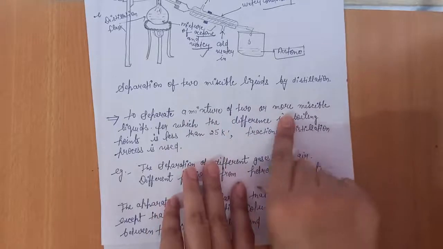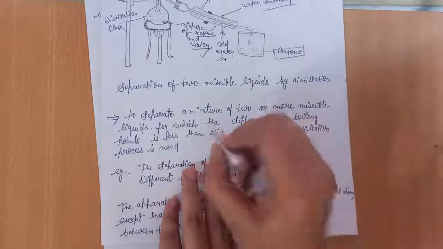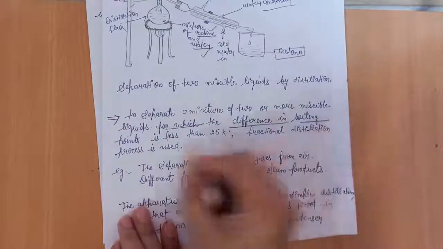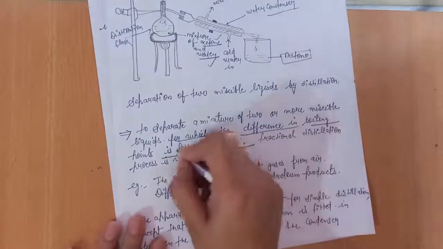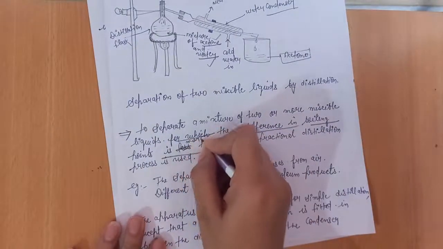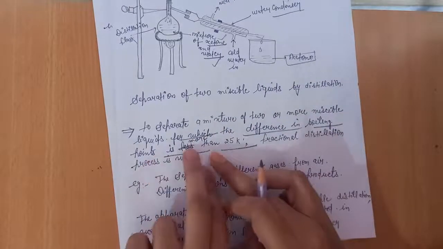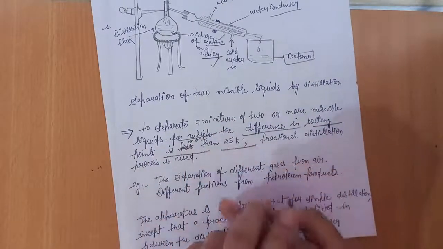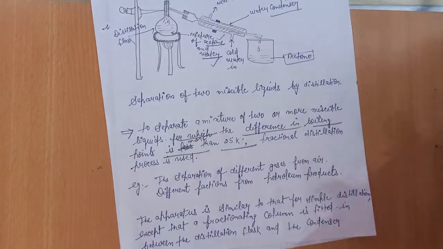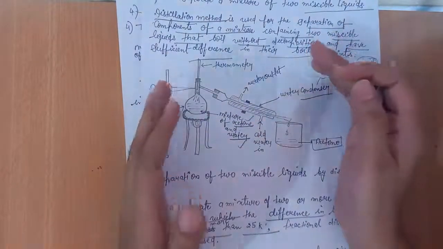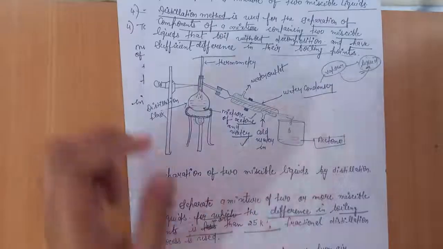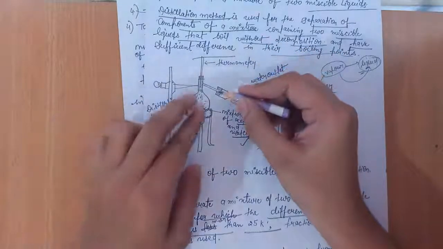So to separate a mixture of two miscible liquids for which the difference in boiling point is more than 25 Kelvin, we apply this distillation method, or simple distillation method, because here two substances are included in this mixture.